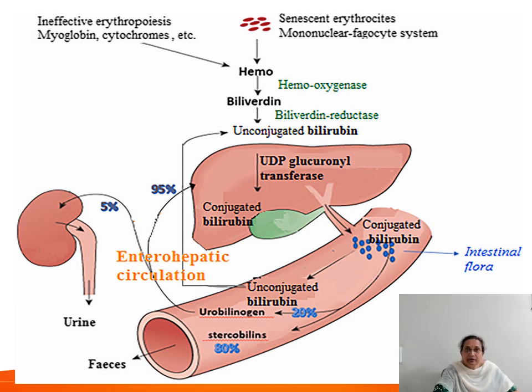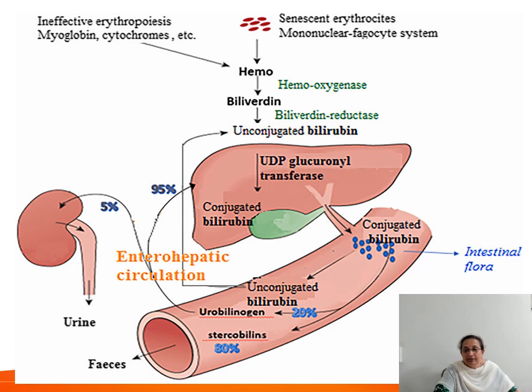And 20% is going to be converted into urobilinogen, and a little bit of the urobilinogen is excreted out through urine. Okay, and a little bit is taken up again into the liver, and that is called enterohepatic circulation. This enterohepatic circulation is dealt with more in physiology also.